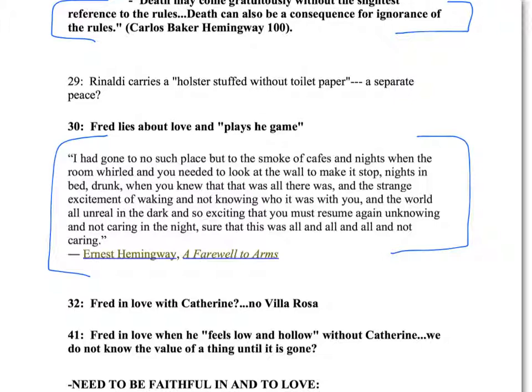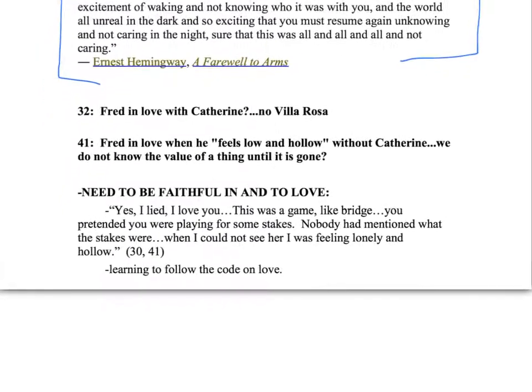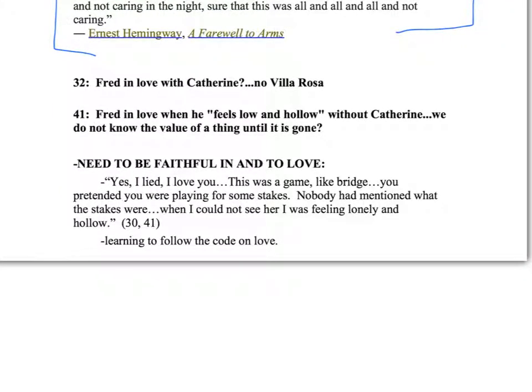But when he begins to meet Catherine, he stops going to the Villa Rosa, the whorehouse on the Italian front, and he misses her. He says on page 41, "I felt low and hollow when I wasn't with her," and he felt horribly that he was too late to meet her for a date, and she was gone.